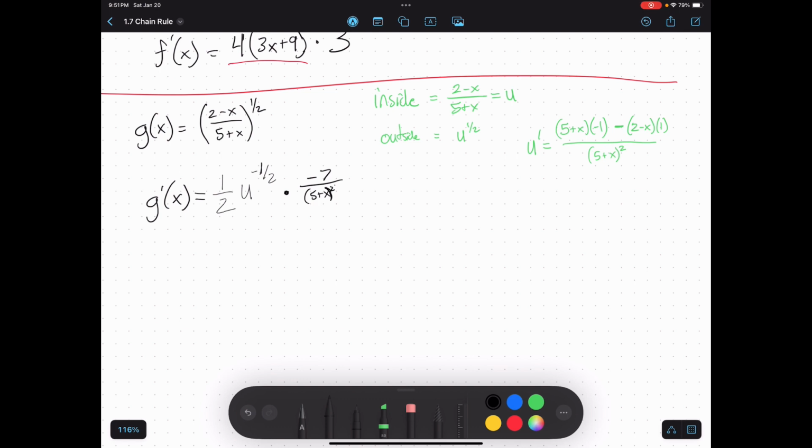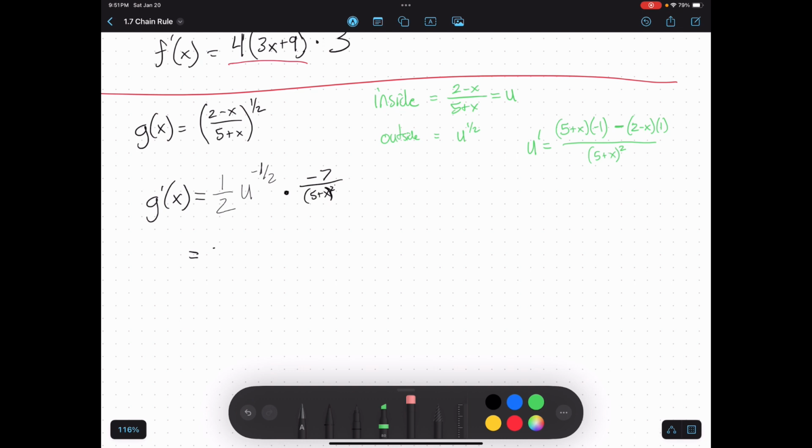Even though this required quotient rule for my inside function, not too bad. Of course, we do need to clean this up. I need to get it all in terms of x. So, once again, the negative 1/2 you can put in the denominator as a square root. So what am I left with? I'm left with negative 7 over 2 times the square root of my inside function. Oh, goodness. Wait, I don't want to do that.